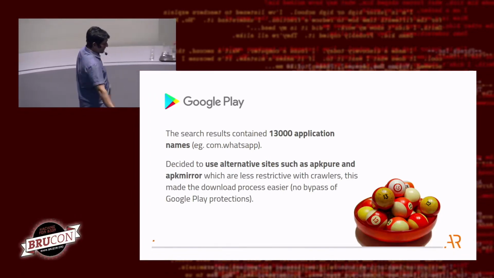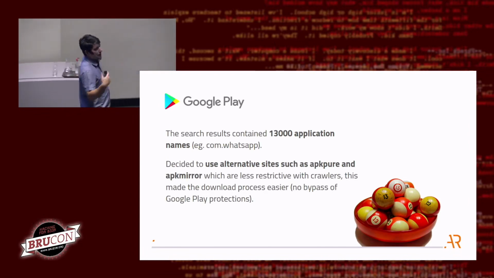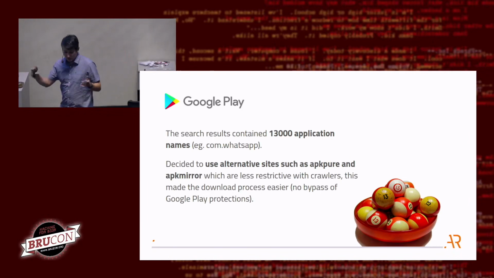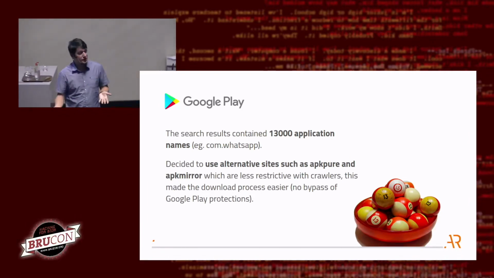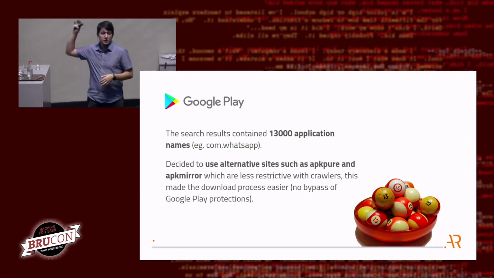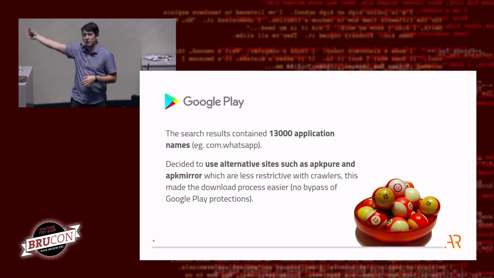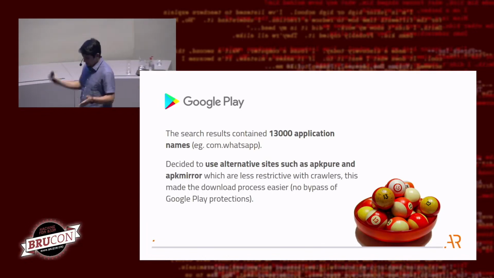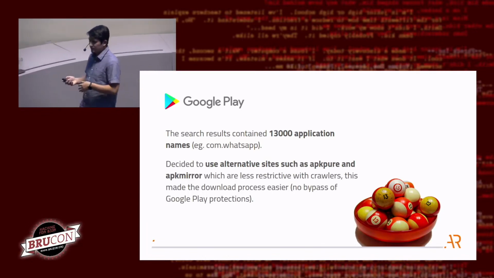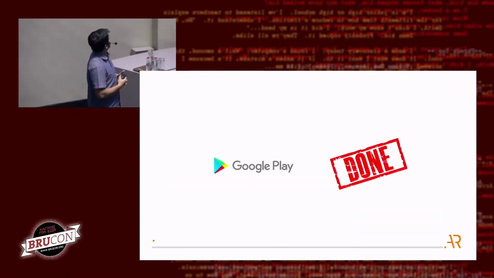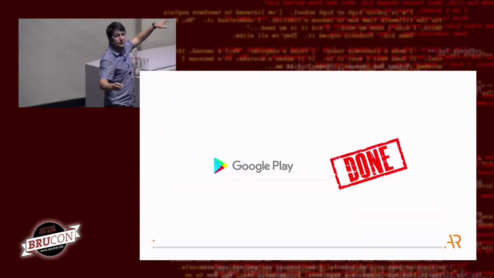But in this case, I only downloaded from APK Mirror and APK Pure. Those are kind of alternative sites for the Google Play Store. I only downloaded those 13K from the alternative sites. It was pretty easy, so everybody was happy. Well, maybe not the guys that I hacked, but Google Play, done.